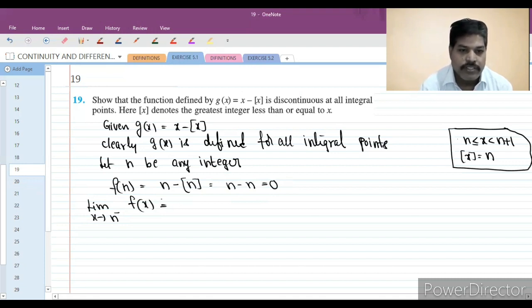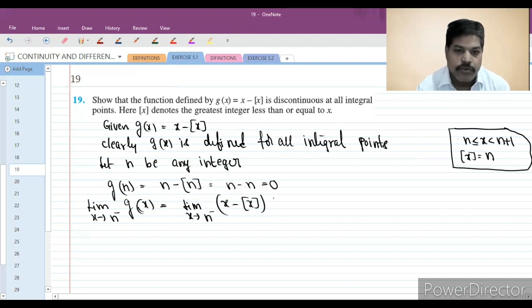What happens, students? It is not f actually, so you can take it as g of x. So that implies the limit as x extends to n minus of g of x. g of x is nothing but x minus step x.